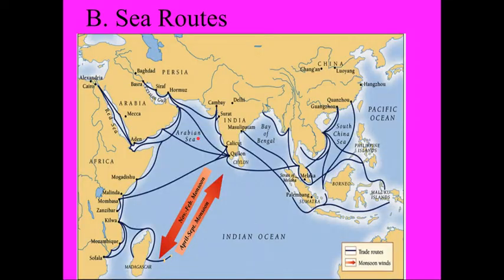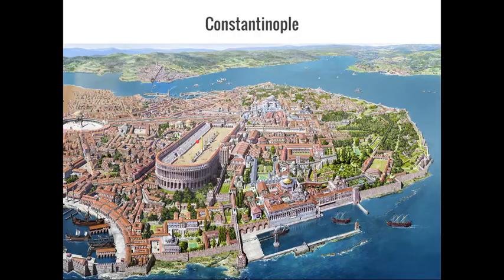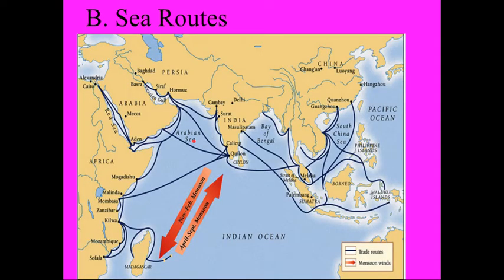So these land routes, connecting these faraway places, these trade networks, bringing goods from all over the world to each other. But we also see the development of sea routes. And this right here, this is the Indian Ocean, of course, and this is known as the Indian Ocean Trade Network.